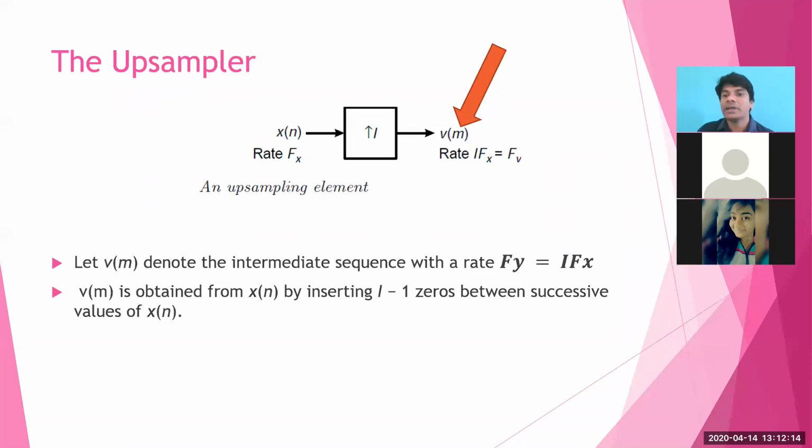That means the sampling rate has been increased by I times. That's why it is called an upsampler.